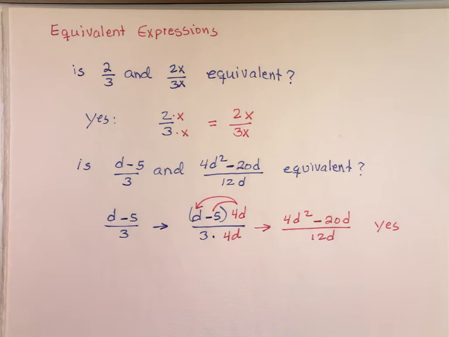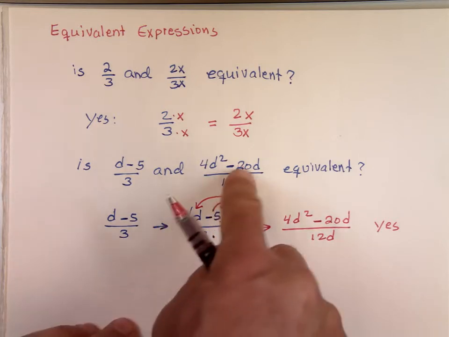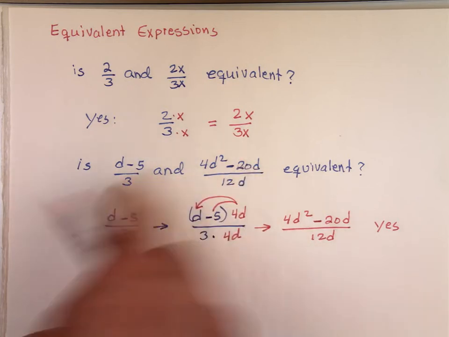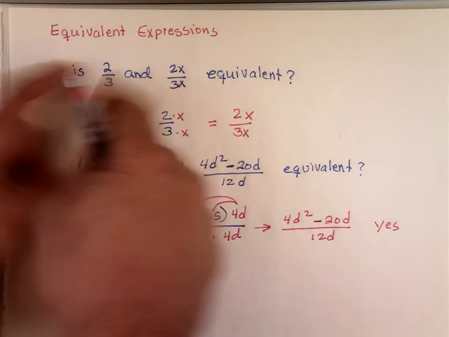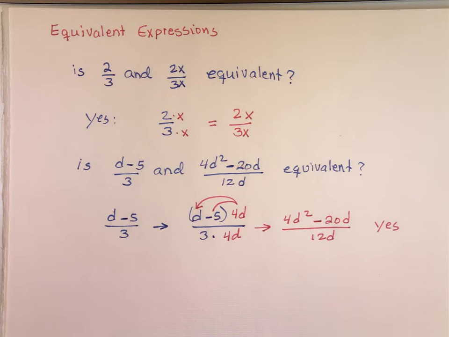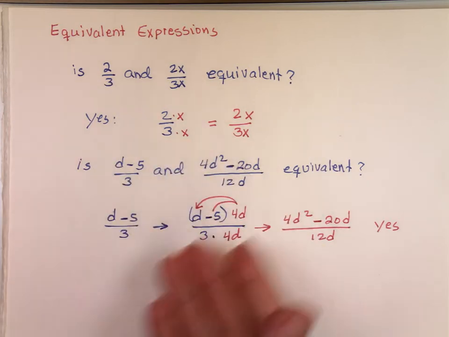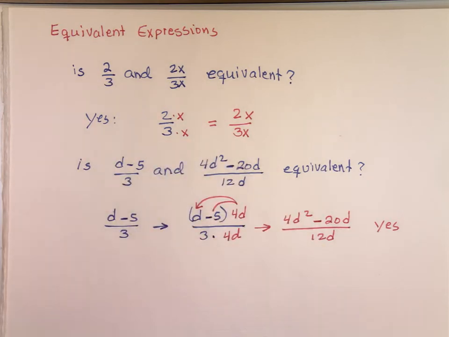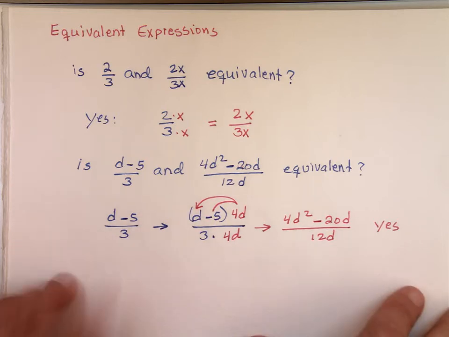You could actually work the problem backward. We could have started with this, try to simplify it to see if that's equal to that, instead of doing it this way. So I can tell you if they are equivalent or not, either by multiplying or by simplifying. Again, what do I mean by simplifying? Let me take the same example.